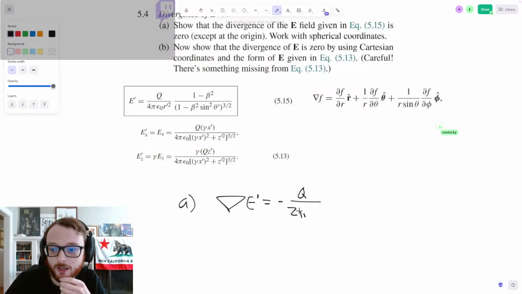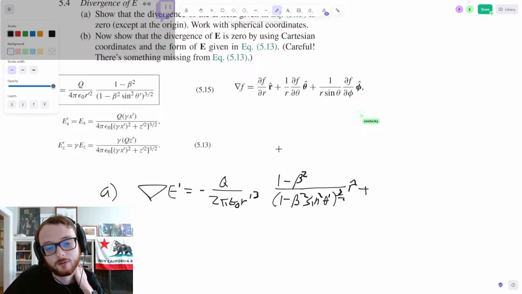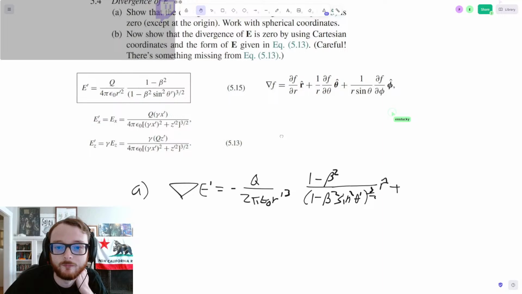So we get 2 pi epsilon naught r prime cubed, then 1 minus beta squared sine squared theta prime to the 3 over 2, r hat. I think that's good for the first vector. So we have a theta vector here too. Looks good to me.